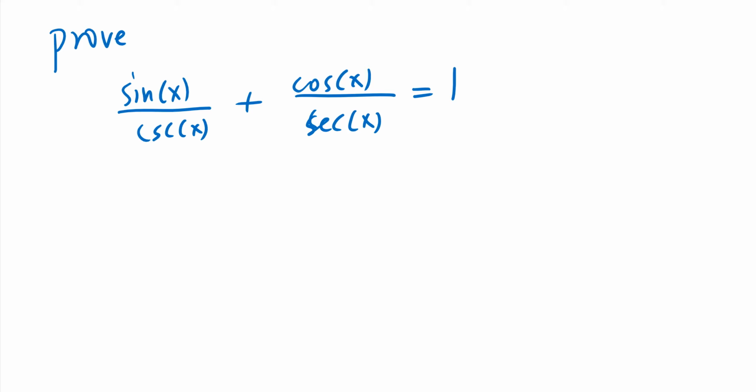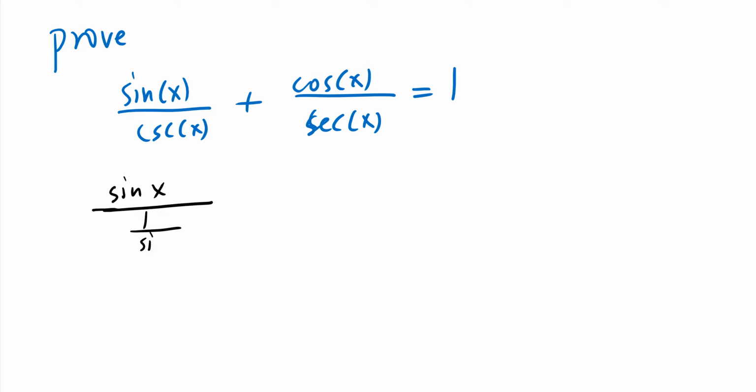We have a lot of options to deal with on the left side compared to the right side. On the right side, there's almost nothing that can be done. Here we have fractions we can combine. But the common denominator might be difficult to find for these two. So what do we do instead? We can rewrite or convert into sine and cosine.